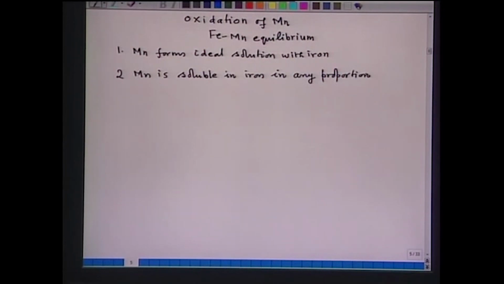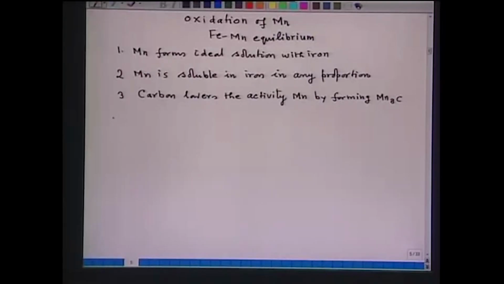Third, carbon lowers the activity of manganese by forming Mn3C, a manganese carbide, in the Fe-Mn-C system. Now, it is quite clear that if some part of the manganese forms a compound with any other element, then its activity will be reduced.